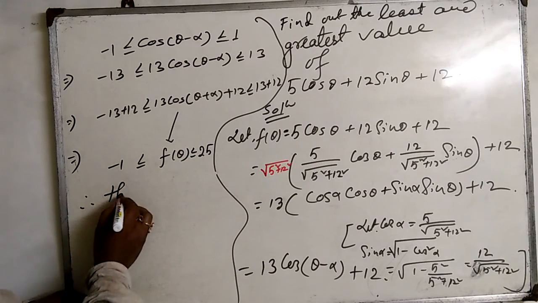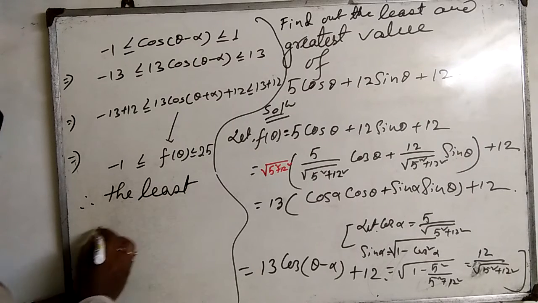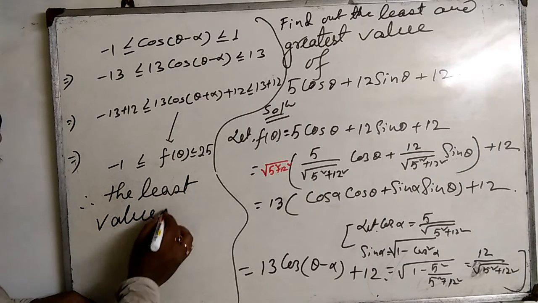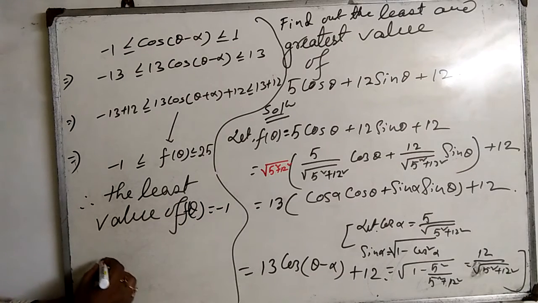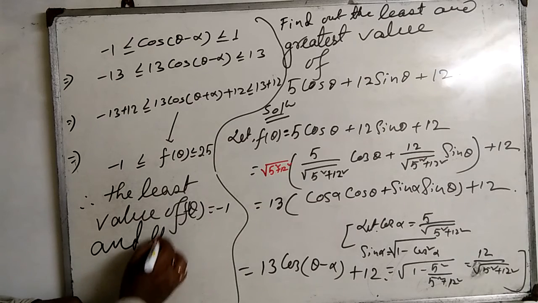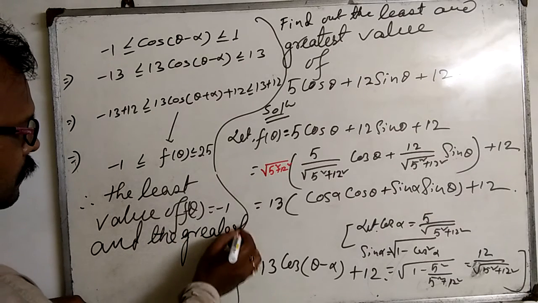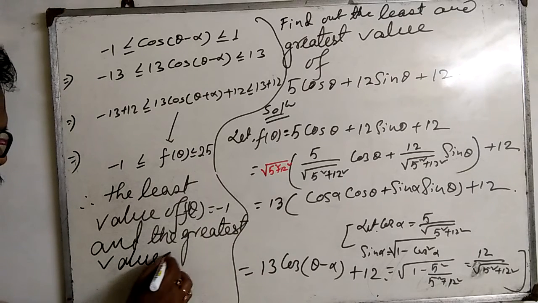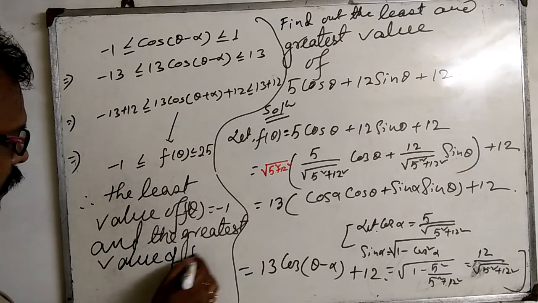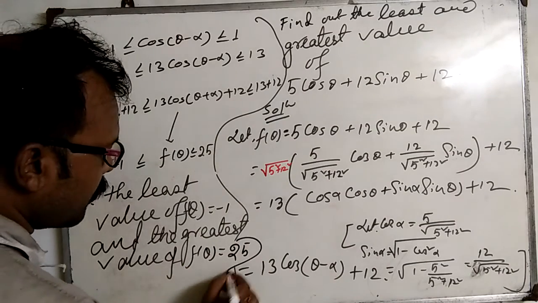Therefore, the least value of f theta equals to -1, and the greatest value of f theta equals to 25.